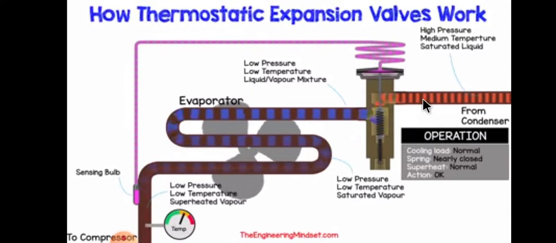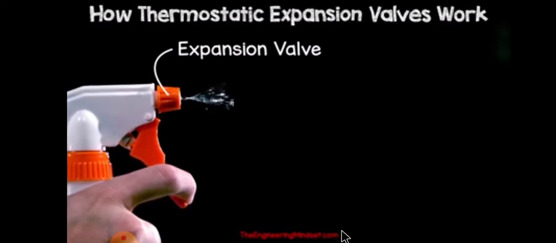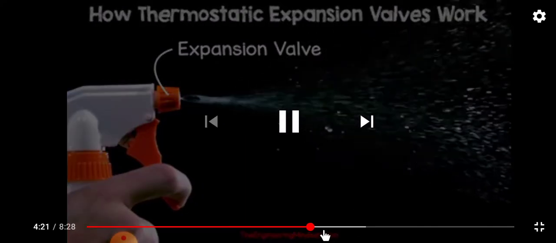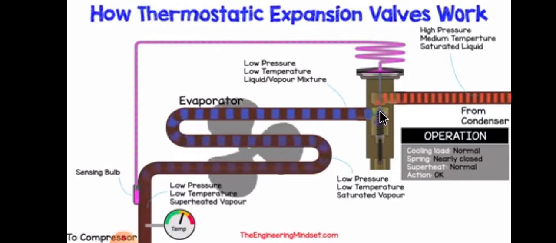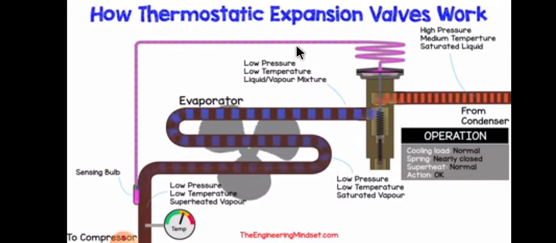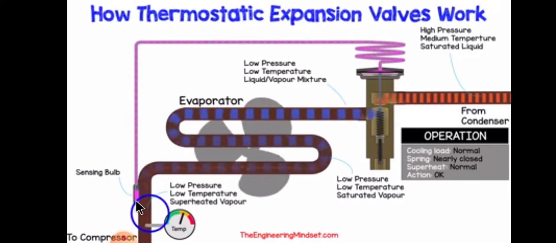Yes, this is liquid coming from the condenser. When it goes through the expansion valve, it is sprayed like this and gets cooled down. This is the valve, and it is sensing from the evaporator line.